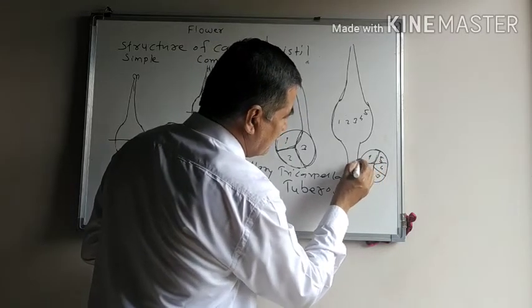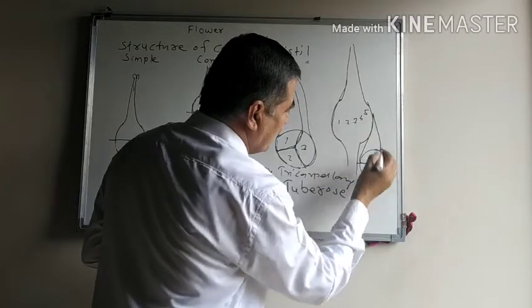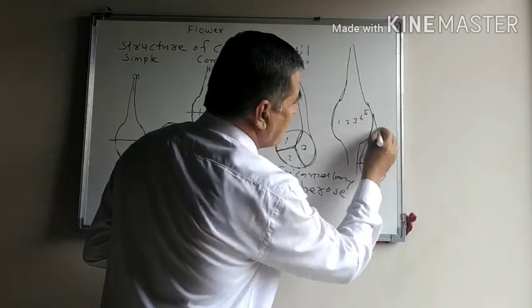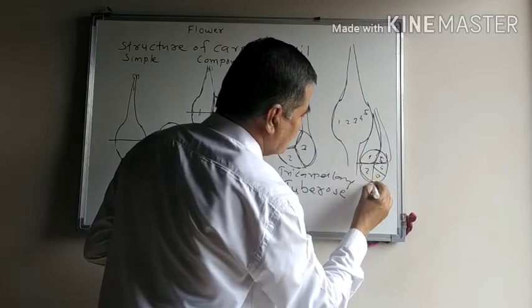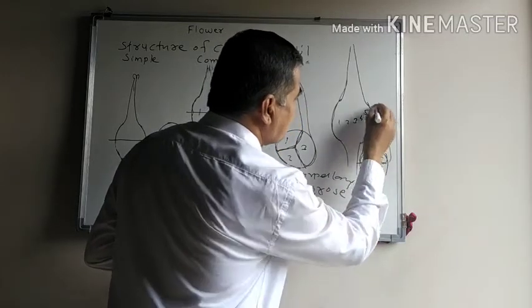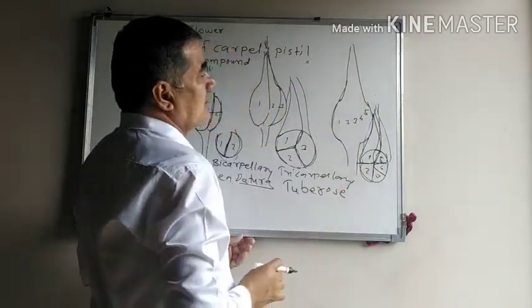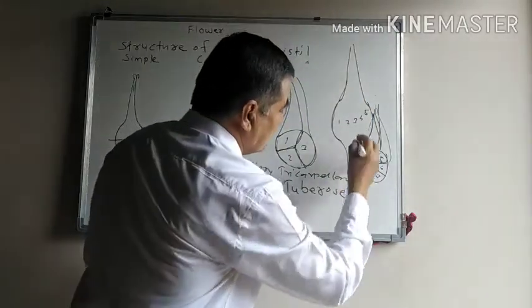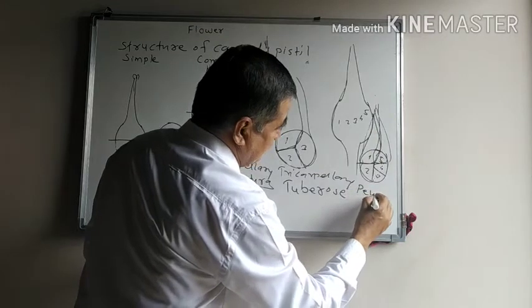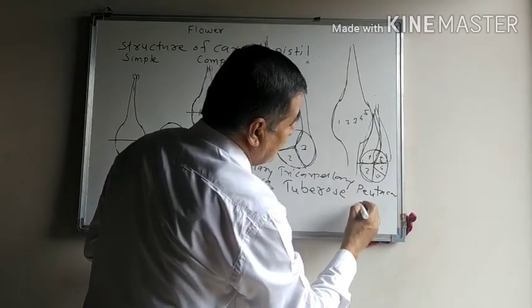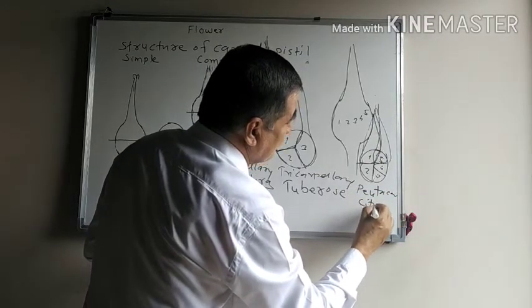Margins of the carpels unite to form a single carpel. Such a type, formed from five carpels united to form a single ovary, is known as pentacarpellary. Pentacarpellary example is citrus.